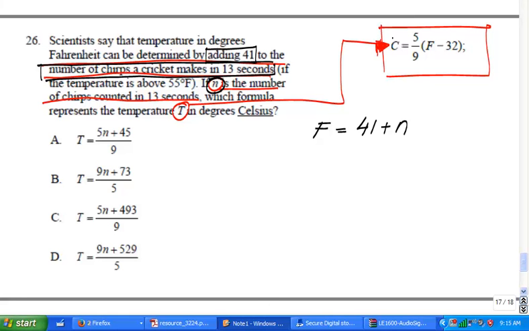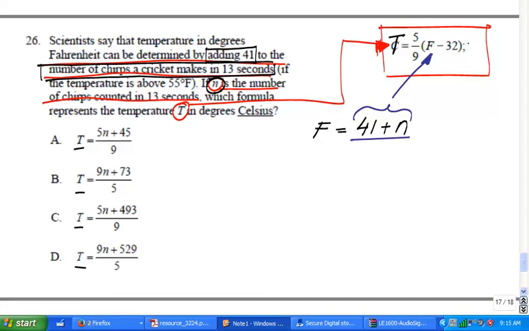Now, you have to find the temperature in degrees Celsius, which for this problem, as you can see in your answers here, will be T. So I'm going to change in my formula, instead of C, I will put T, okay? And that's your formula, and all you have to do now is to substitute, instead of F, right here, this expression, 41 plus n, okay?